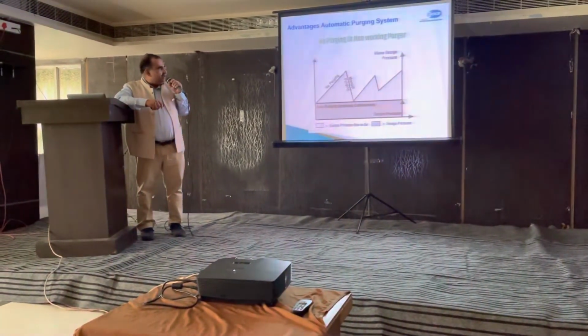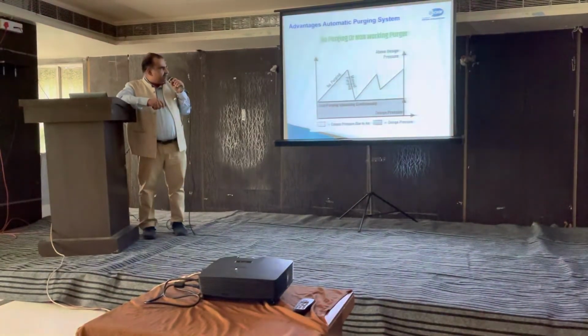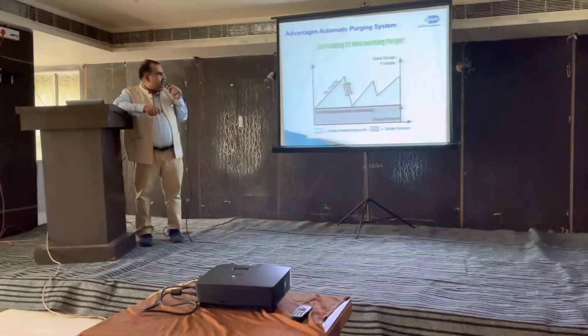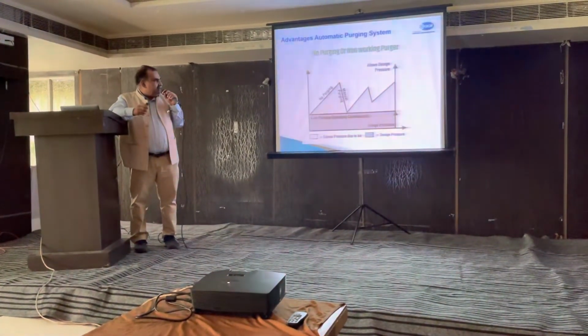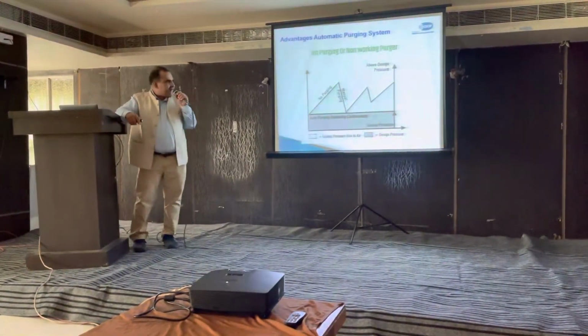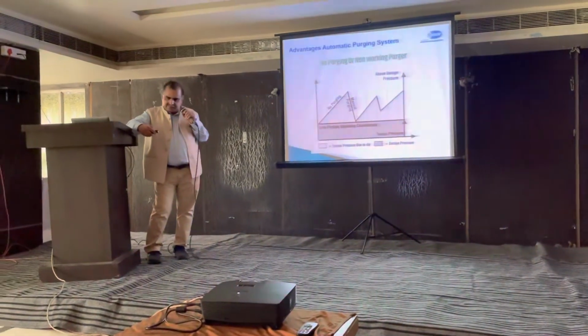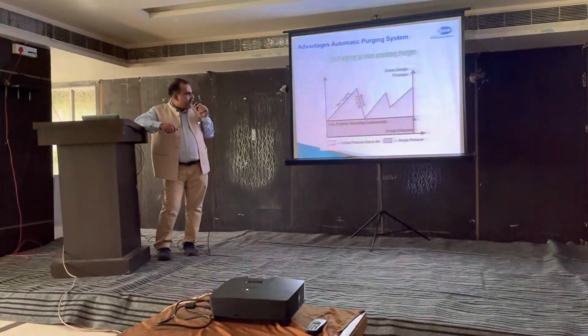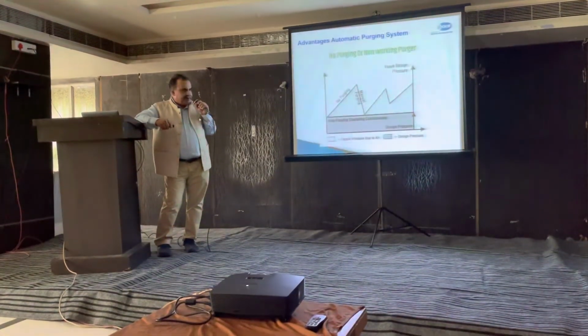This will not only affect the system COP, as Nikhil was talking about, but it will also affect the overall maintenance of the plant, increasing maintenance of compressors, spare parts consumption and condensers. Whereas automatic purging should maintain this line constantly.